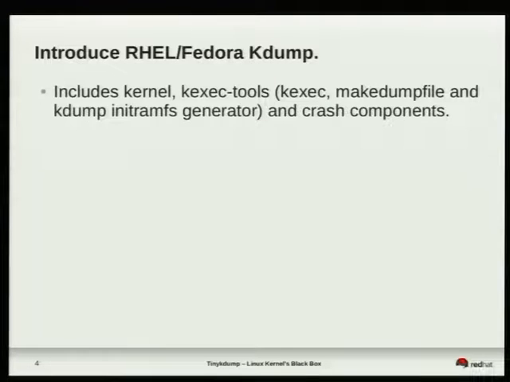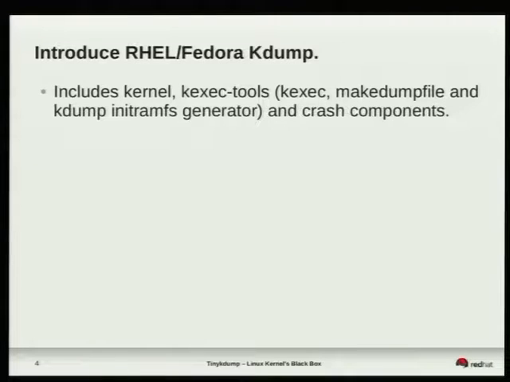The last one is the crash component. Once the kernel memory image is saved to disk, you can use crash with the kernel debug symbols to analyze the vmcore, which is the memory image file.